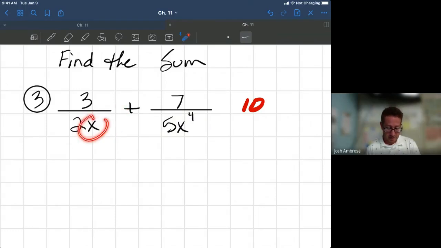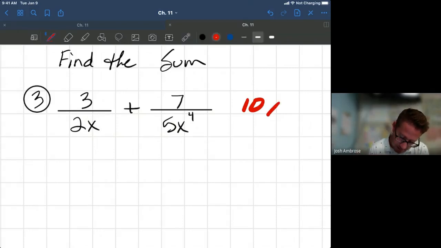So if you take x and you multiply it by x to the 3rd, it will become x to the 4th. So I can make x become x to the 4th, meaning that right there, 10x to the 4th, this is ultimately what I want my common denominator to be for both fractions. Okay, so now I just have to set it up by multiplying each denominator by what will make it become 10x to the 4th.